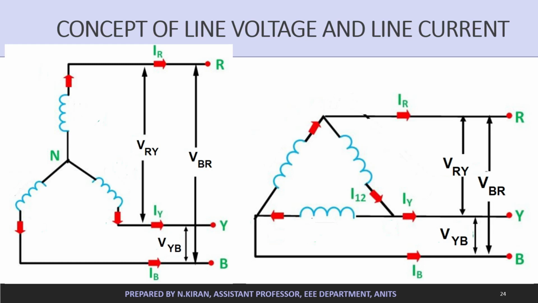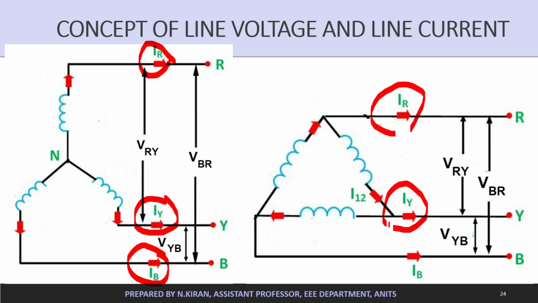So, the concept of line voltage and line current. Here IR, IY and IB, both in star connection as well as in delta connection, are the currents flowing through each line, that is R, Y, B. So these represent the line currents. Line currents I can define as the currents that are flowing in each line.